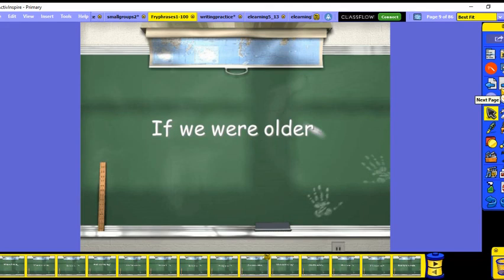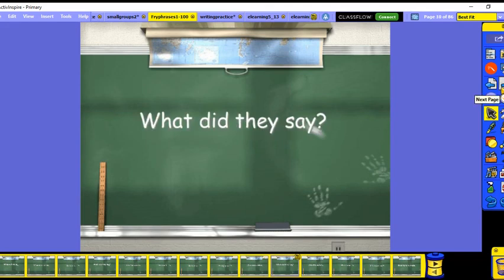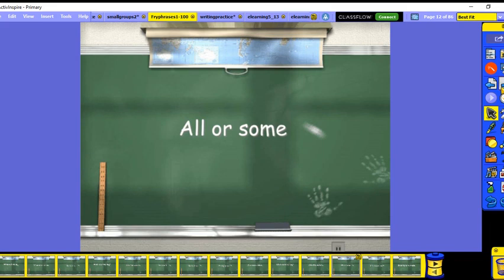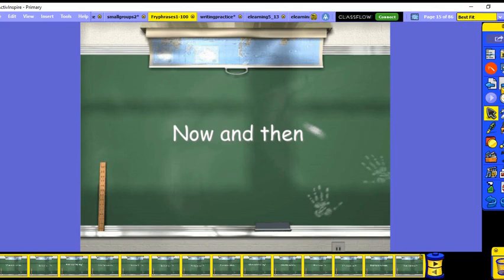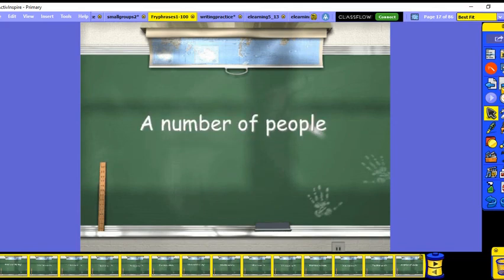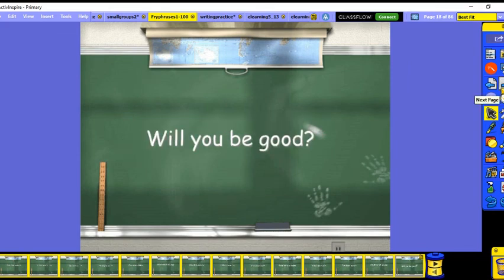If we were older. What did they say? Into the water. All or some. It's about time. From here to there. Now and then. The first word. A number of people. Will you be good?